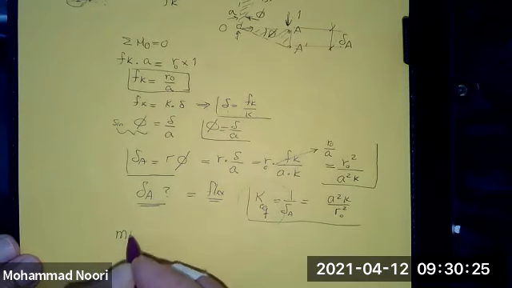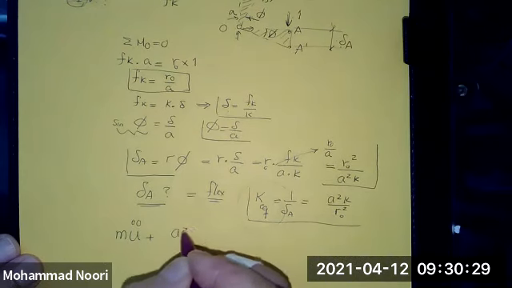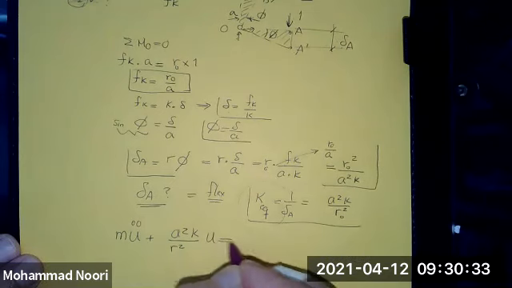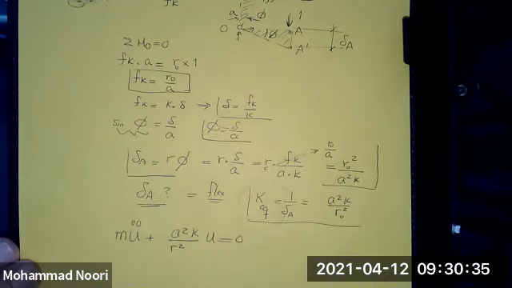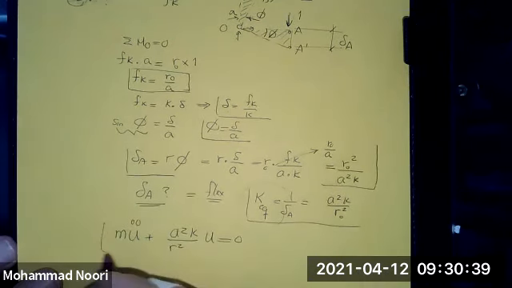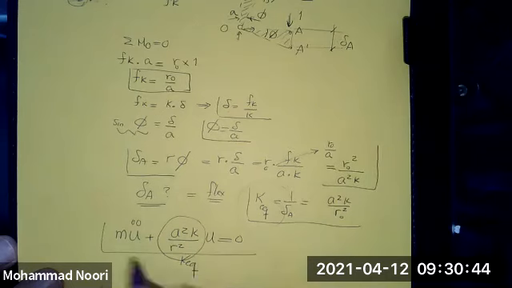So the equation of motion would be m u double dot plus A squared over R squared K times u is equal to 0. That is the equation of motion. This is the equivalent stiffness, and this is the only mass that we have, m equivalent.